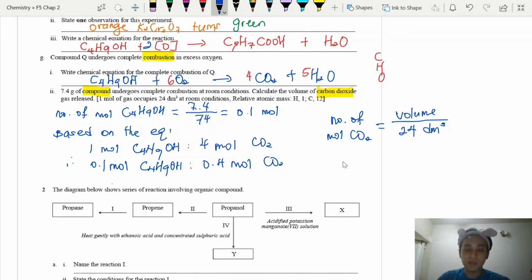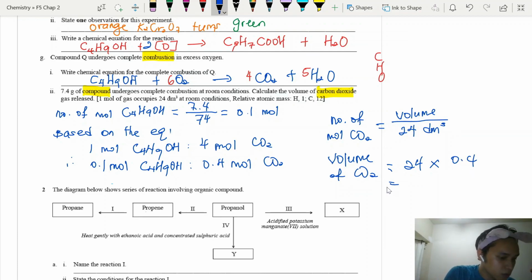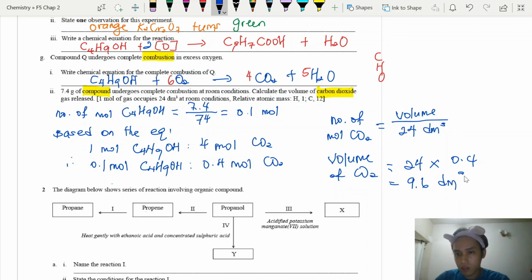So you just take this and multiply, multiply 0.4. The answer will be 9.6, but remember this is in dm cube, decimeter cube. If you are required to convert to centimeter cube, then you convert to centimeter cube. But technically that is how you do your calculation.